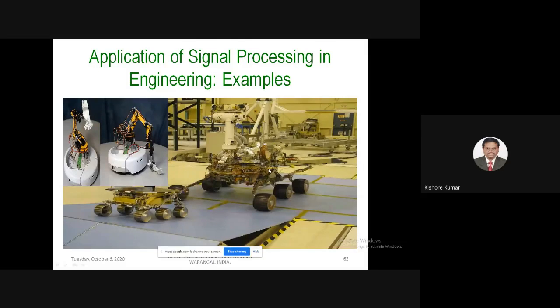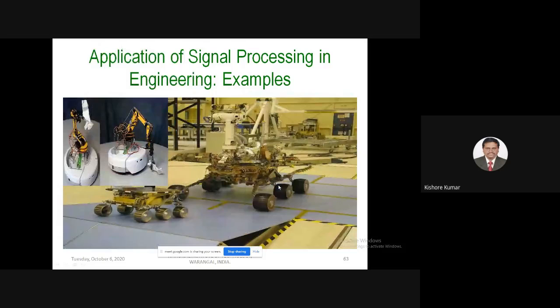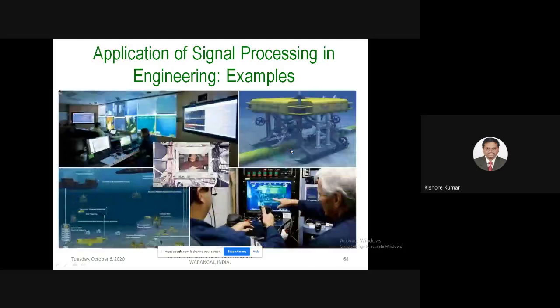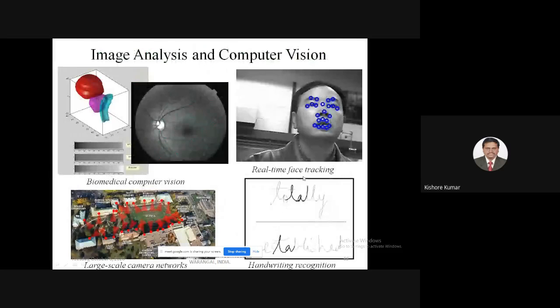These are the different types of applications. These are computer numerically controlled machines where I can use these things. Then free vibration response measurement. In the case of image analysis and computer vision, I can use this. Biomedical computer vision can use this.